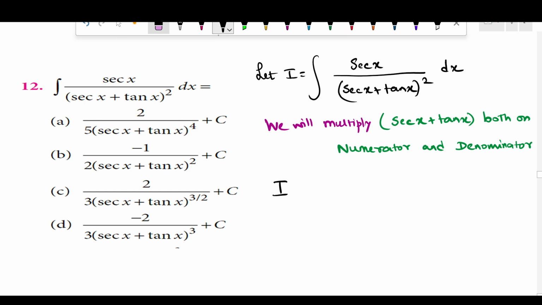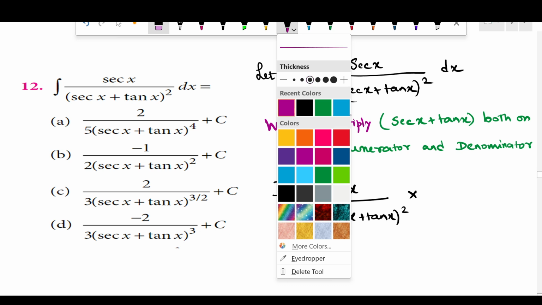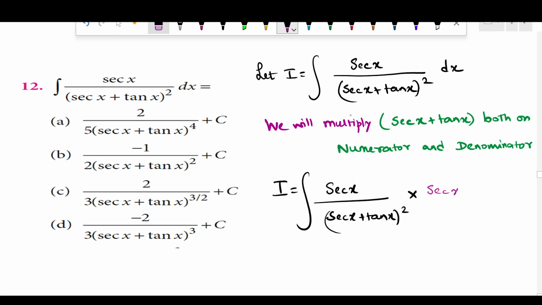Then this integral will become like this. We are doing what here? We are multiplying the numerator by secant x plus tan x, and we are multiplying the denominator by secant x plus tan x, right? I hope this step is clear to everyone.